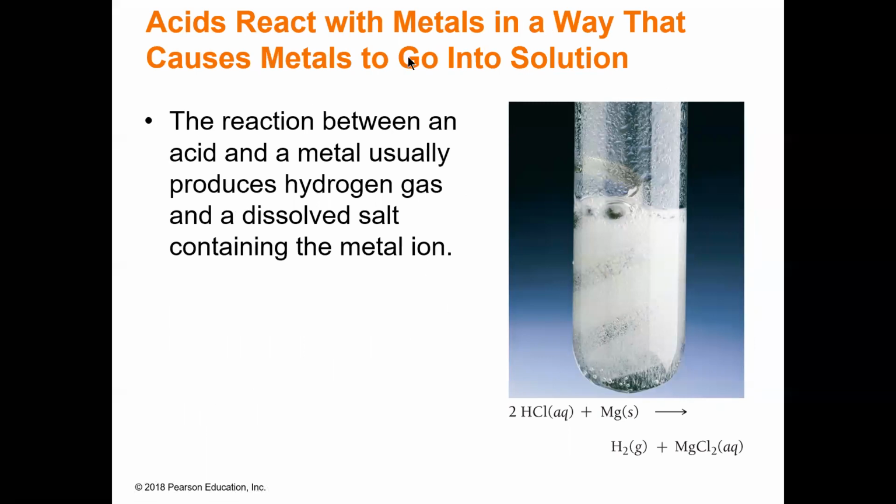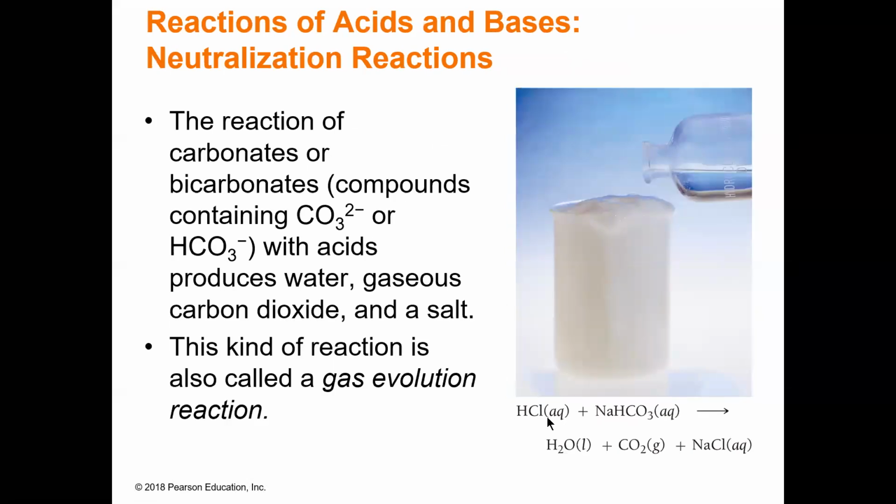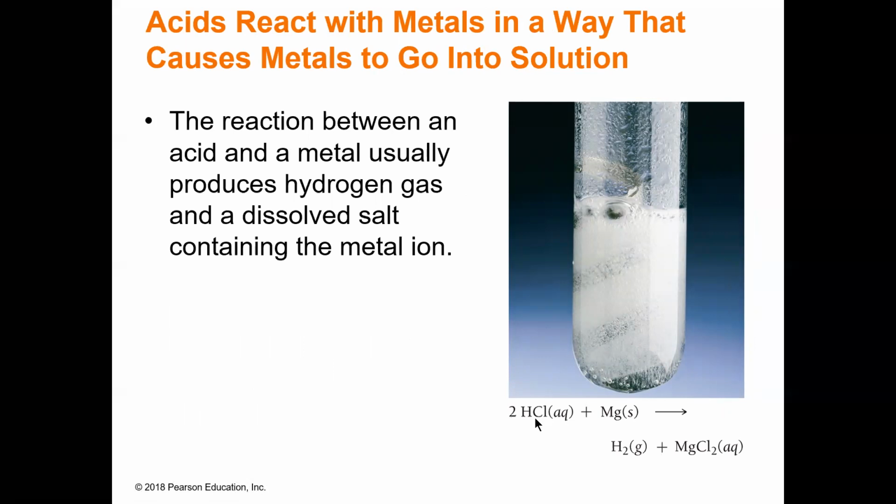Acids will react with metals in a way that causes the metal to dissolve. And when I say dissolve, it means that it goes into solution. So if we look at this equation down here, I've got hydrochloric acid, and it combines with magnesium. And notice what the phase is on the magnesium here. Here, the magnesium is a solid. Okay, so it's a rigid, solid thing that we can see.